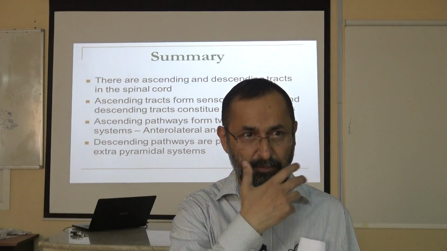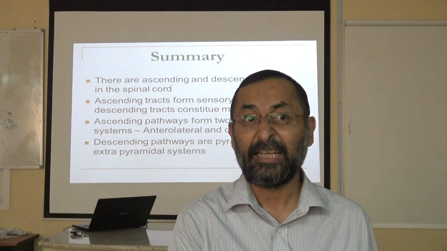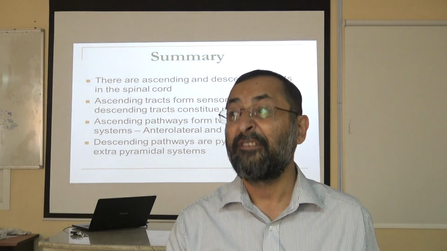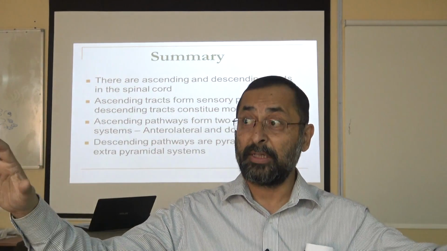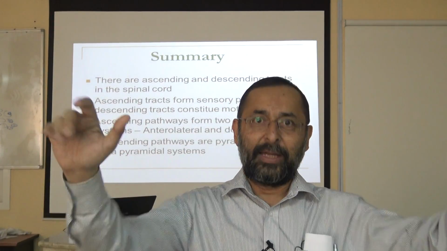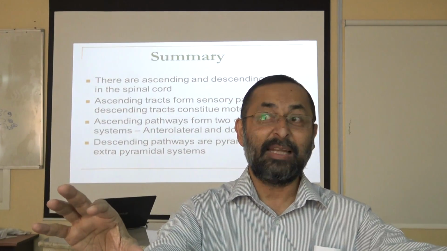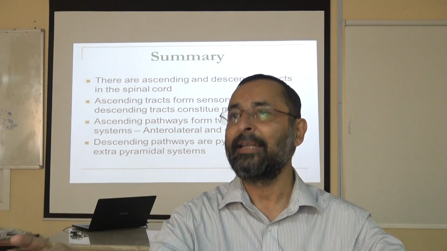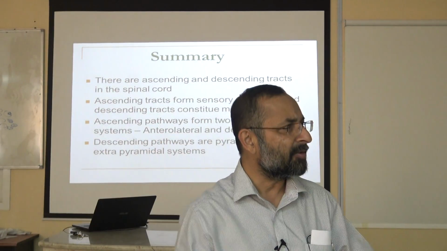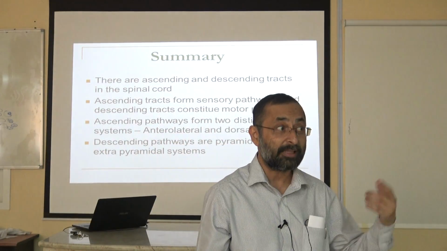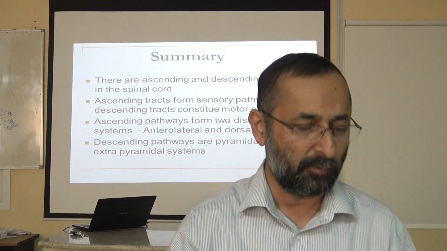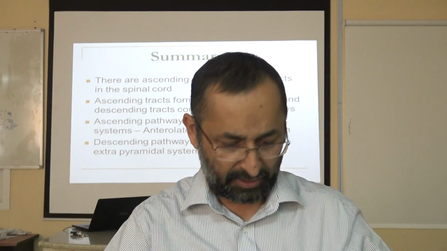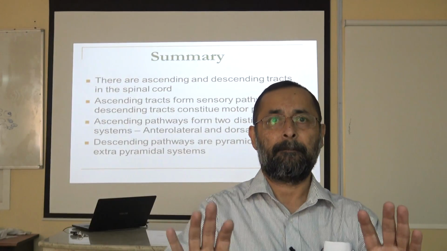Movements. They are controlling the movements of the muscles. Specifically, which type of movements? Fine movements of which part of the body? Lateral tracts. And the anterior tracts are also controlling the movements, but what kind? Axial muscle movements, our posture, our control of the axial.